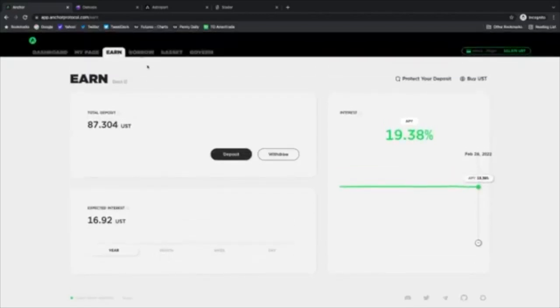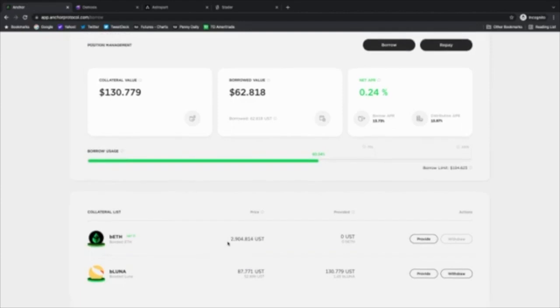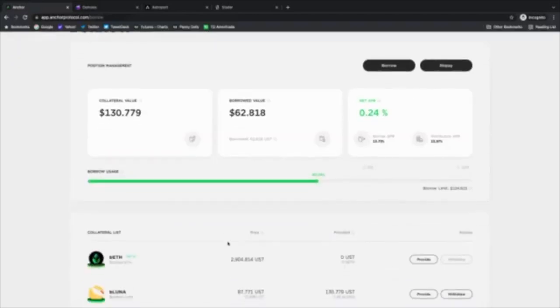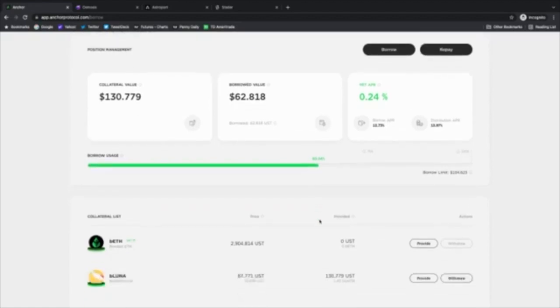Okay. I would make a quick point. You should understand what you're giving up. When you're using bonded Luna, normally, if that's sitting in your wallet, it's actually earning UST, at a rate of around 9% APY right now. So when you borrow off your Luna, you're losing that.